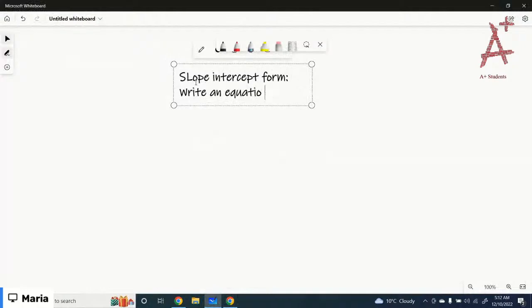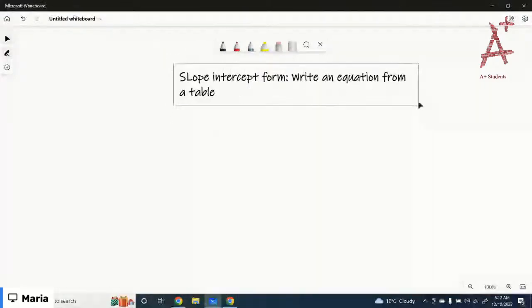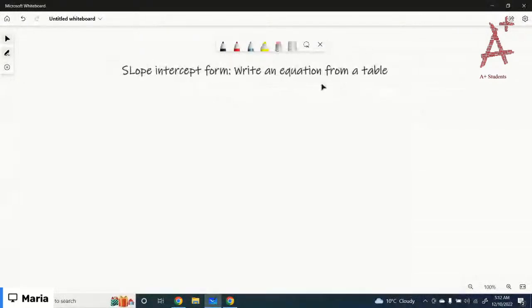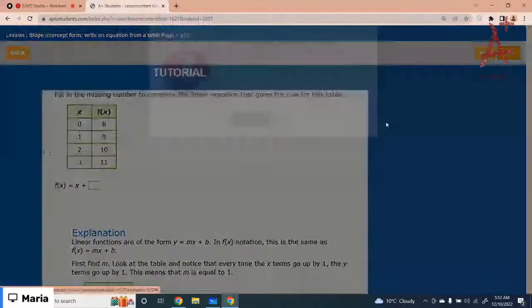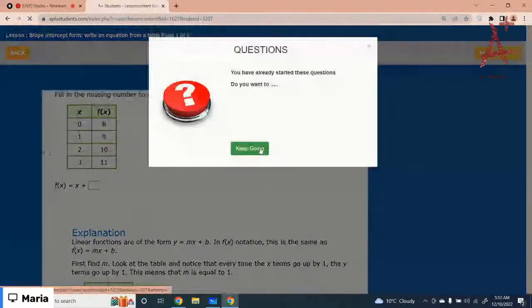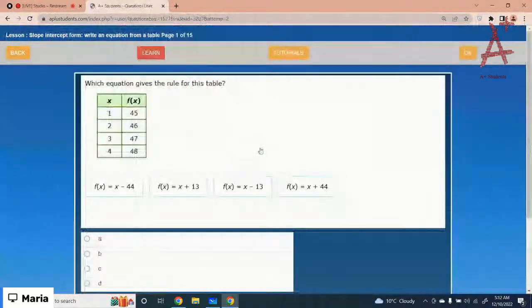Write an equation from a table. You have to follow the same method we are following in the graph. Got it? Just one thing is different: on the graph you have to find the points by yourself, but in the table you are given the points.